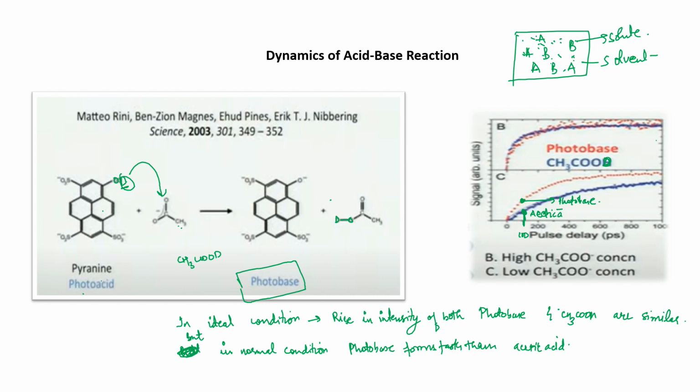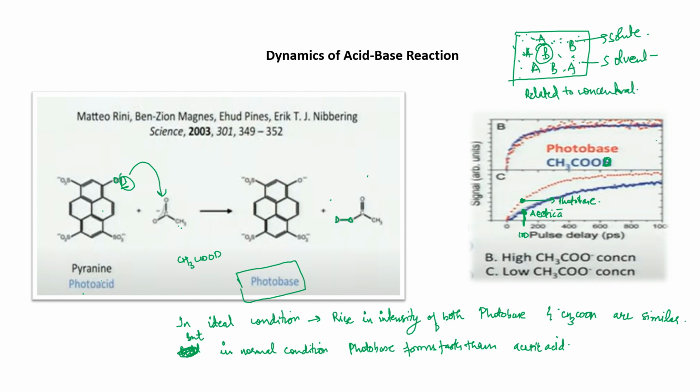Now, because of the interaction with the other molecules in the solution, there may be a time lag between the two. Say the A has converted to this photobase, but meanwhile this D plus ion is not transferred to the B. It takes some moment of time. Because of this, when you measure the signal for A, it comes out to be higher as a function of time. Compared to that, the photobase, its increase takes place some time later. Now, this whole phenomenon is also related to concentration.